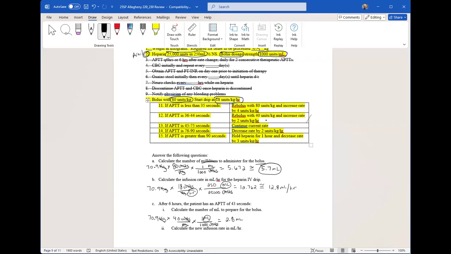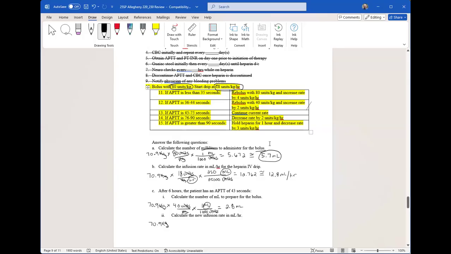So unfortunately, you have to do the same math steps for getting to the infusion rate in the previous steps.